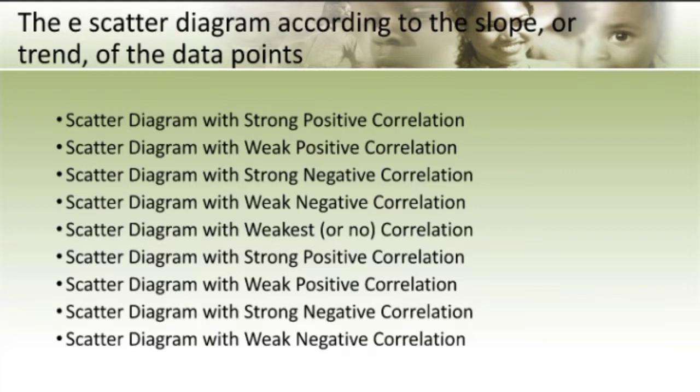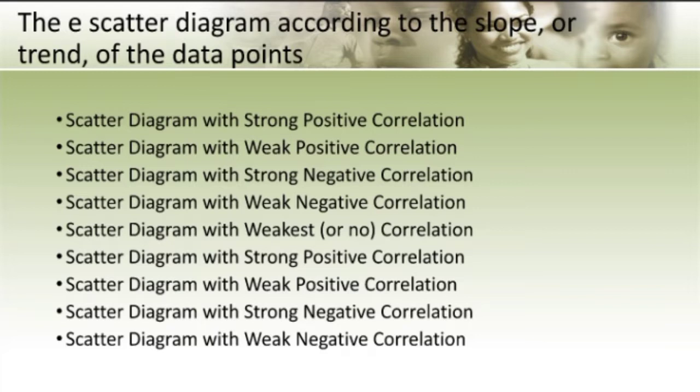So, ano nga ba ang mga ito? Alamin natin. A strong positive correlation means a visible upward trend from the left to the right. While a strong negative correlation, ito daw ay visible downward trend from the left to the right.